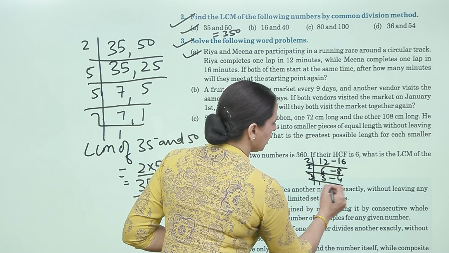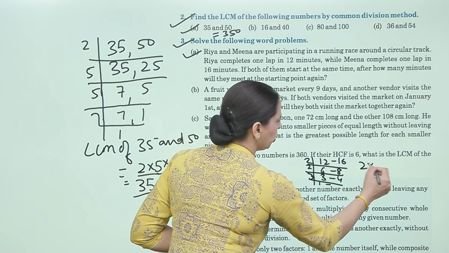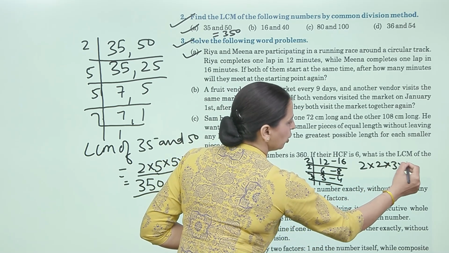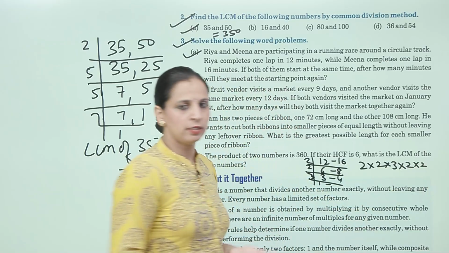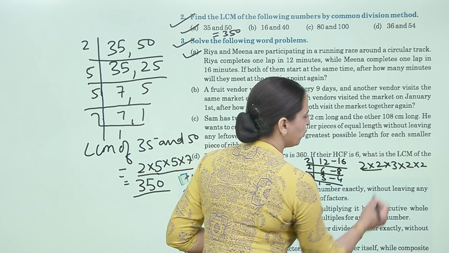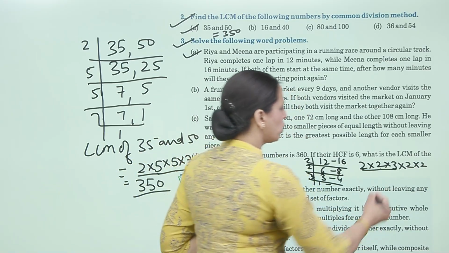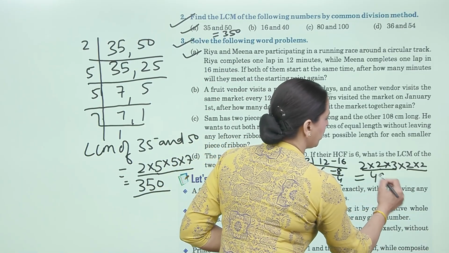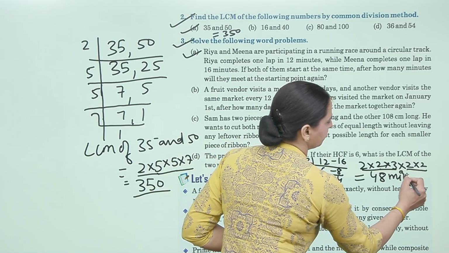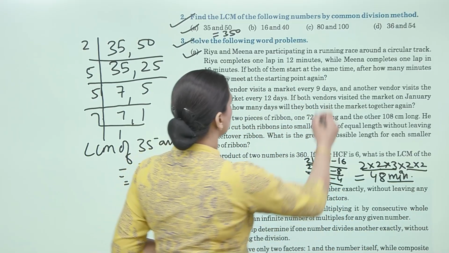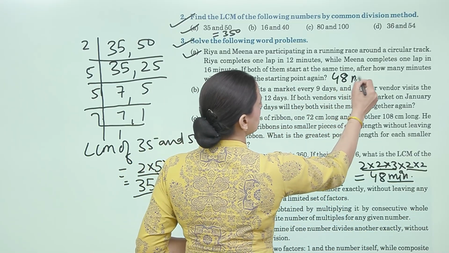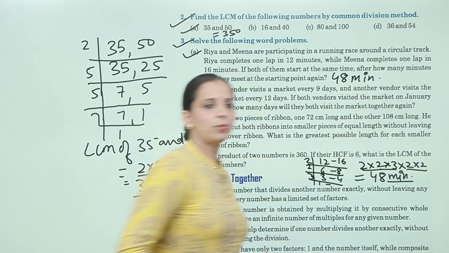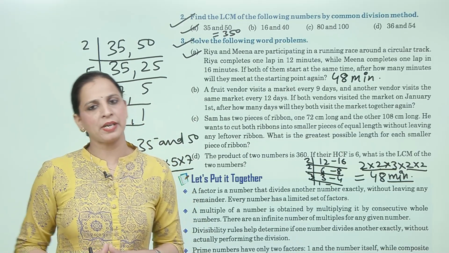Now 3 1s are 3 and 4. So 2 into 2 into 3 into 2 into 2. 4 is again divided by 2 and 2. 2 2s are 4, 4 3s are 12, 12 and 2 2s are 4, 12 4s are 48 minutes. So answer is 48 minutes.